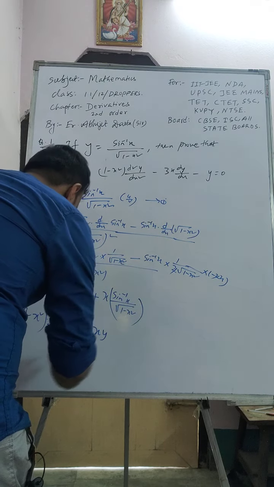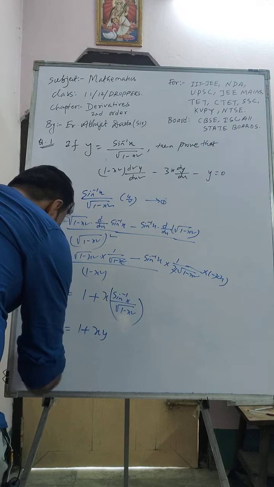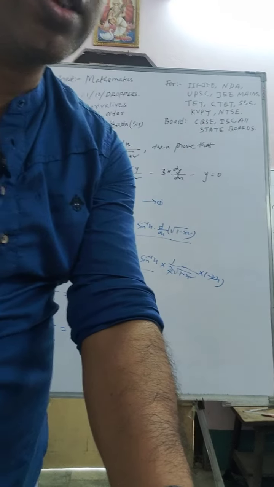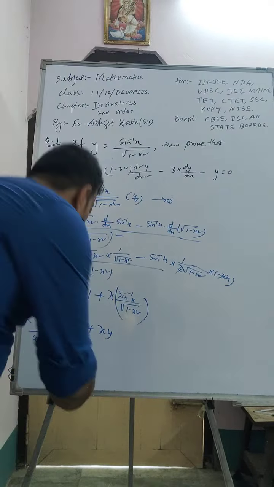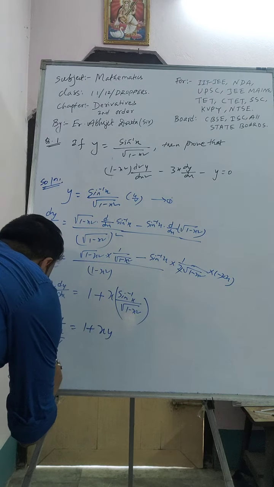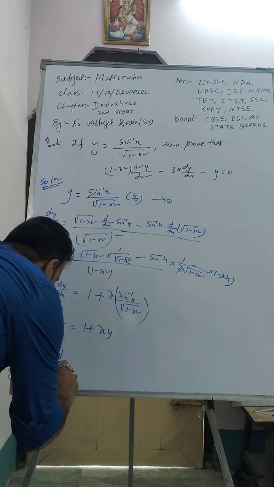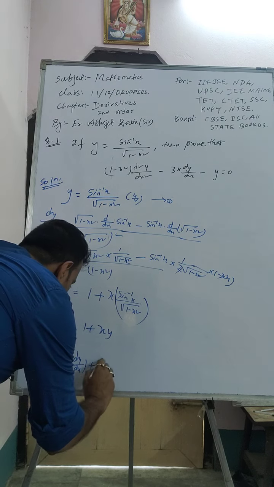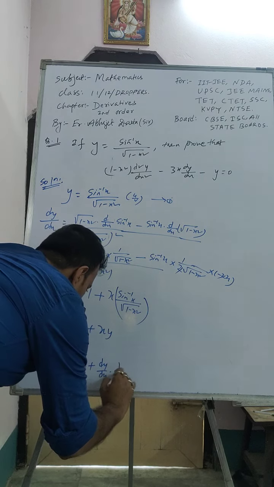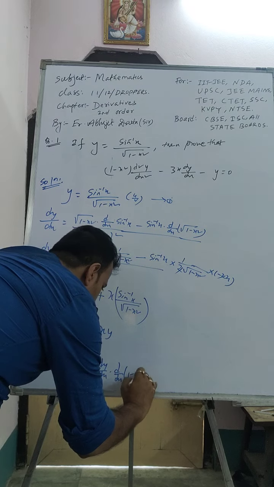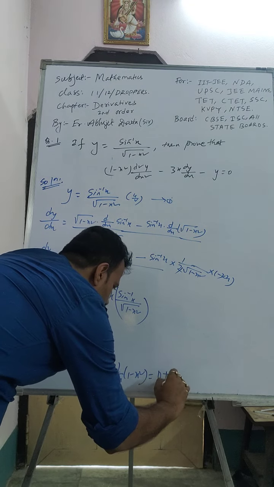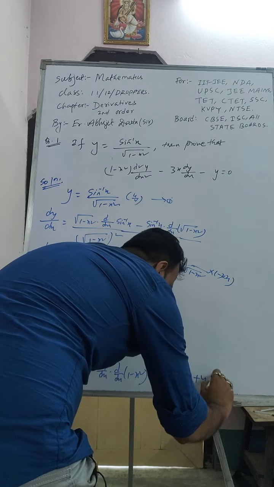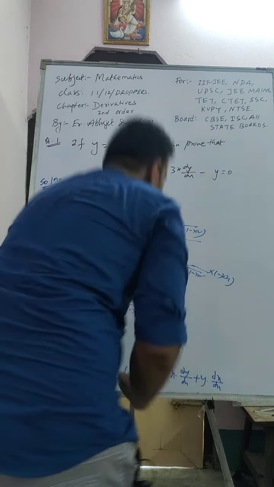This one is y. So now differentiate with respect to x. What will it become? It will be 1 minus x square d by dx of dy by dx, plus dy by dx d by dx of 1 minus x square, equal to 0. This one is x into dy by dx plus y into dx by dx.